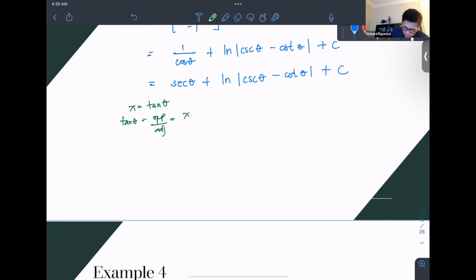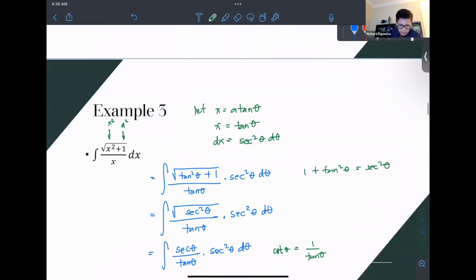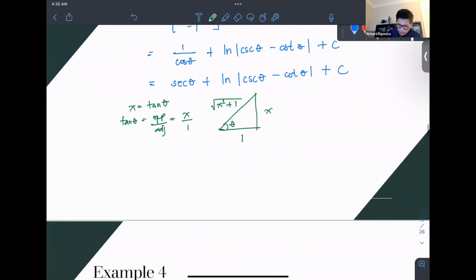So opposite is x, adjacent is 1. So we write the triangle. Opposite is x, adjacent is 1. So therefore, the hypotenuse will be the square root of x squared plus 1.